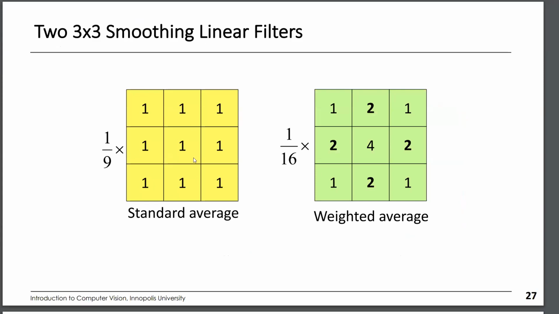This is a standard average. This is the weighted average. Depends, of course, on what you want. Both of them are very reliable. This one is more blurring. This one is less blurring because it focuses a lot on what is inside this pixel rather than what's around it.